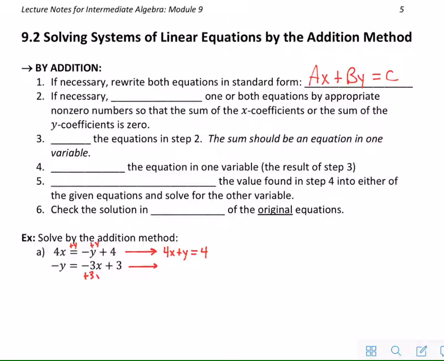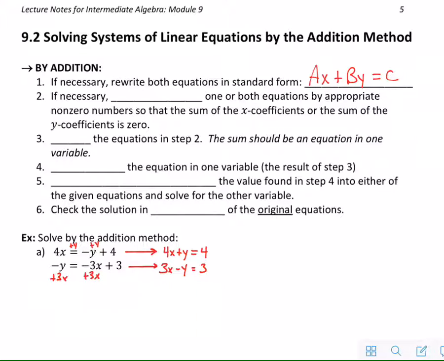Add the 3x. And I get 3x minus y equals 3. The reason why step 1 is so important is so that the x's, y's, and numbers line up. That'll make it easier to figure out which ones may cancel or what one we can multiply the numbers by so they do cancel.